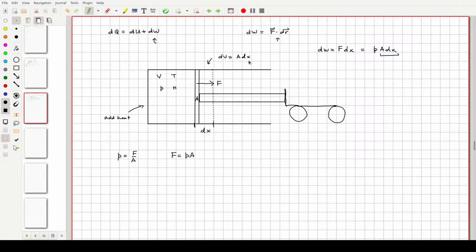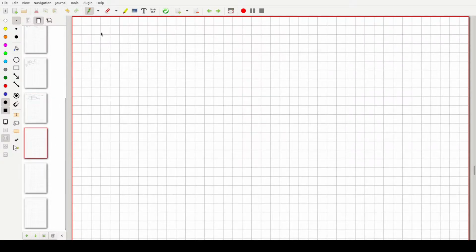That's what accommodates the change in volume. So this right here is dV. So from a thermodynamic standpoint, we typically write dW as P times dV. Like that. So dQ is dU plus P times dV.